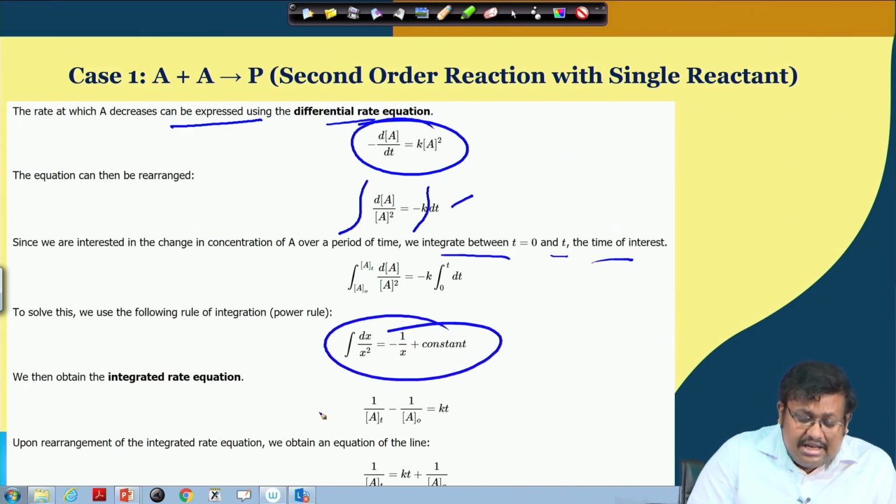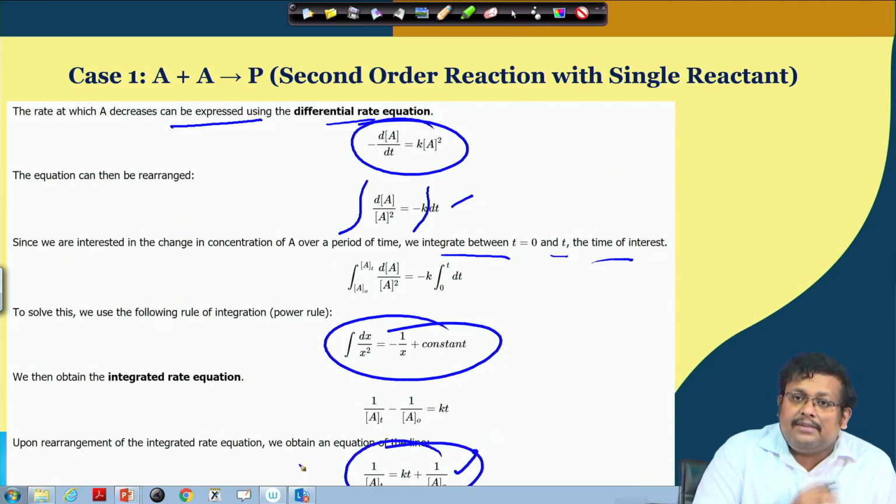Using this formula, the integrated rate equation becomes 1 by AT minus 1 by A0 equal to KT. Upon rearrangement of this integrated equation, you obtain the equation of a line, that is, 1 by AT equal to KT plus 1 by A0. This is the one we have seen earlier while showing the plot of the second order reaction.